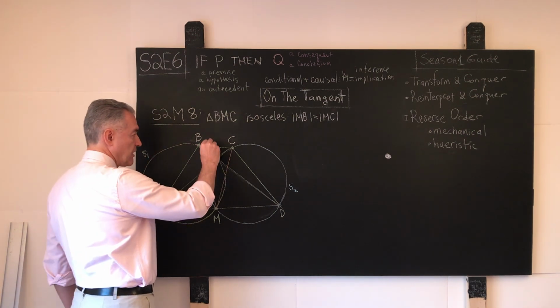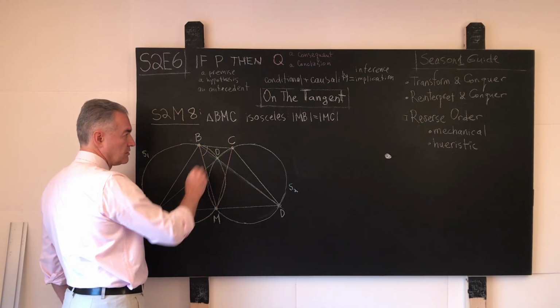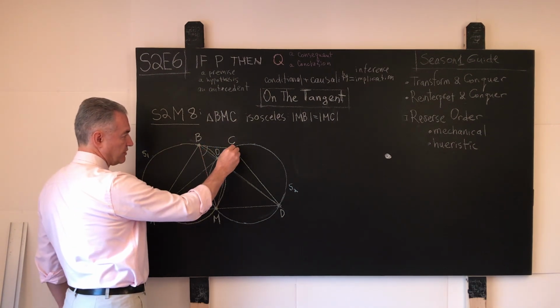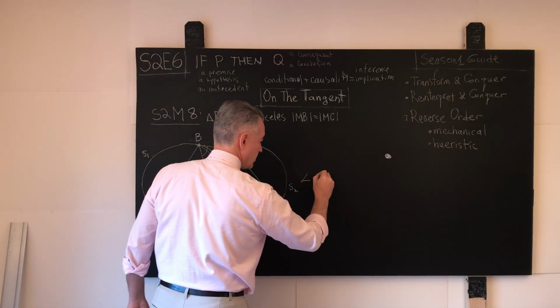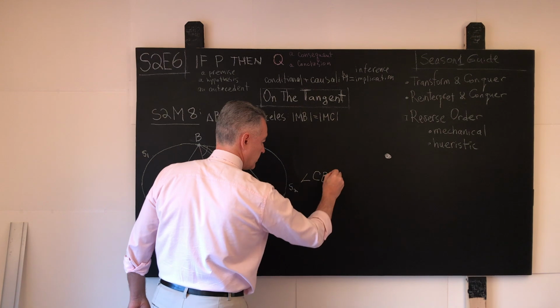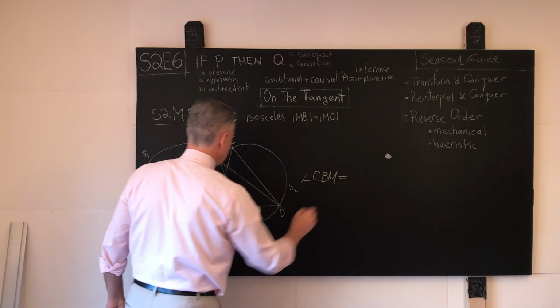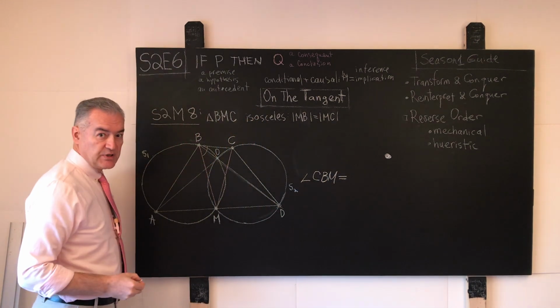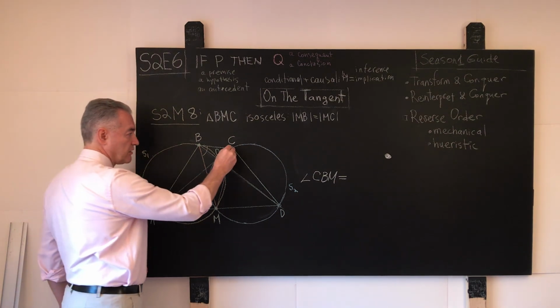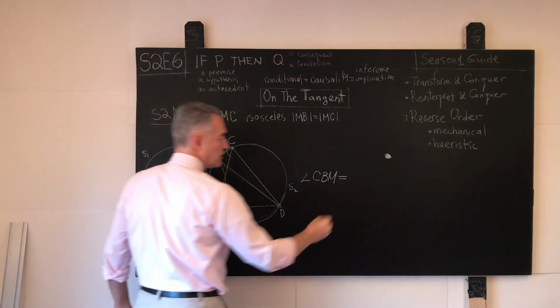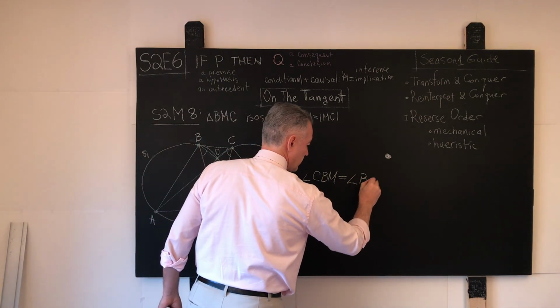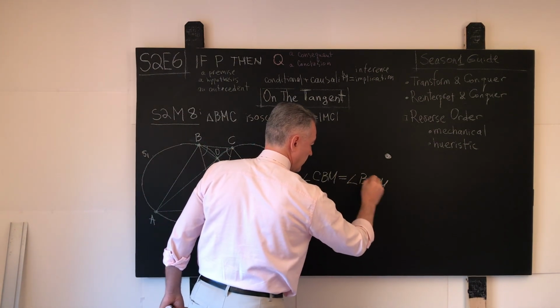In other words, the magnitude of this angle, let us write it down as the angle CBM, must be equal to the magnitude of the angle, this guy, BCM.